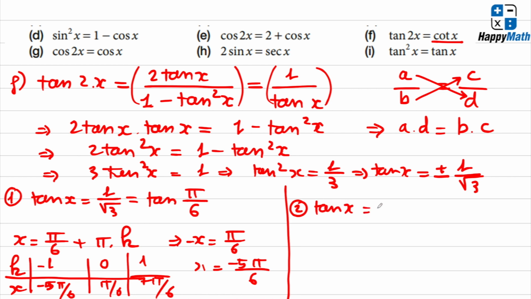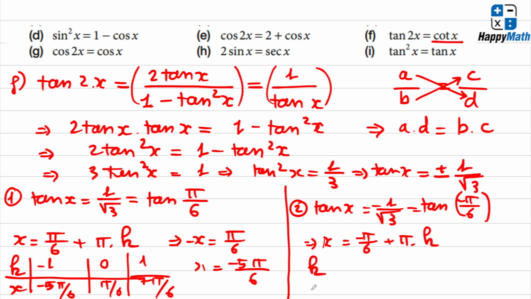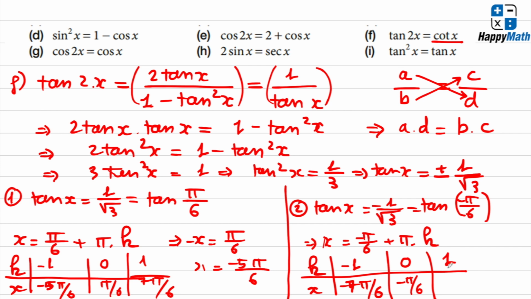And how about the second one? Tan h equals minus 1 over square root of 3. This has to be minus pi over 6. And then h equals minus pi over 6 plus pi times k. So for k and h, you get here minus 1. No, this cannot be because minus 7 pi over 6 will be larger than pi. 0 gives minus pi over 6, okay, satisfied. 1 gives 5 pi over 6.